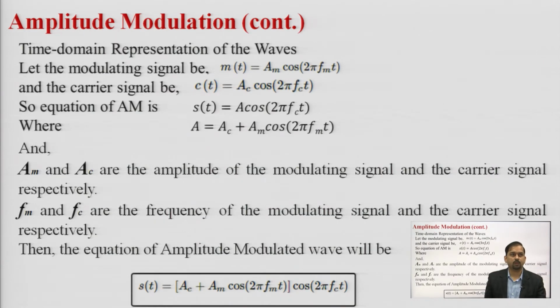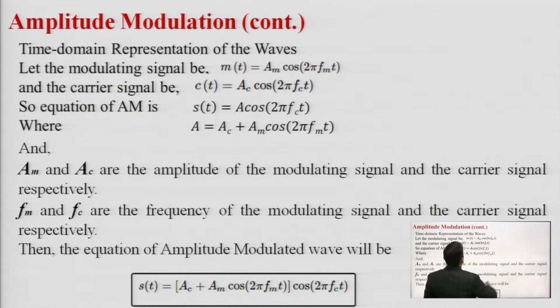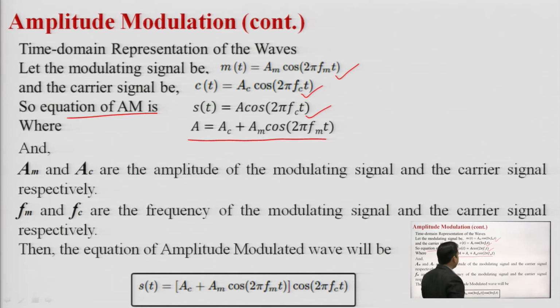Now, as we have seen, we have the message signal, we have the carrier c(t), and we have the equation of AM. In the last slide we saw this relationship, and the final equation in the time domain for the AM signal is s(t) equals Ac plus Am cos omega m t times cos omega c t.